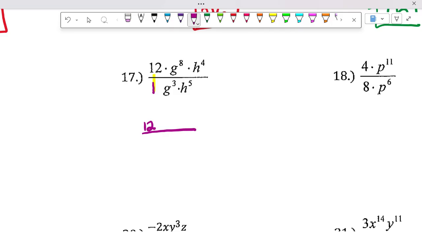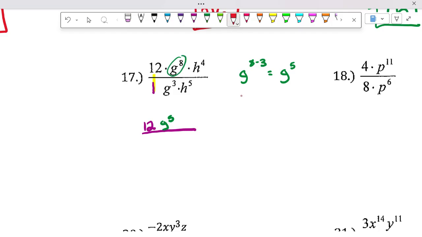Now, the g's. So what's my bigger one, 8 or 3? So I'm doing 8 minus 3. So I get g to the 5th. Where am I going to put that g to the 5th, the numerator or the denominator? The numerator, why? That's the bigger one.